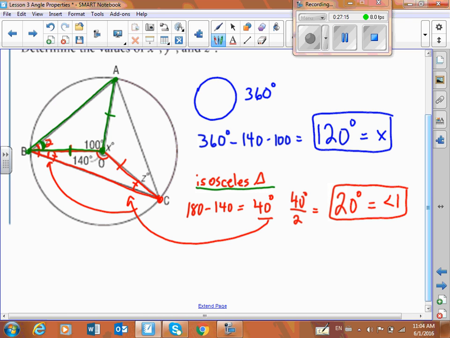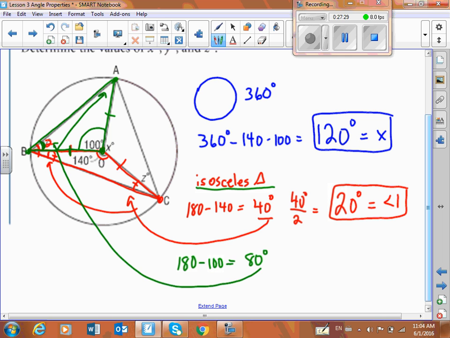And now I've used up 100 degrees of my triangle. So 180 subtract 100 means I have 80 degrees left to use. I have 80 degrees that has to be shared between those two angles. So I take my 80 degrees and divide it by 2, and I get 40 degrees, and that's what angle 2 would be equal to.